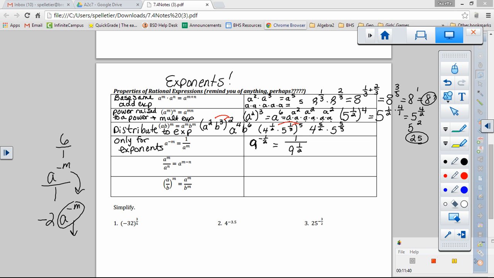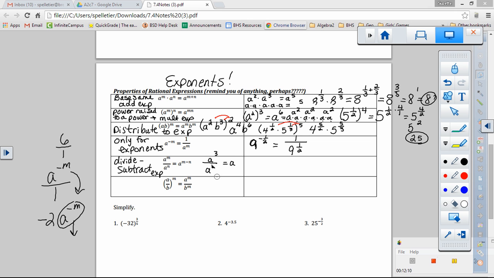Okay. And then this chart, or the next one, is division. So we are subtracting the exponents. So when you divide, you subtract the exponents. Again, so if I did a to the third divided by a squared, according to the rule I should subtract and get a to the first, or just a.